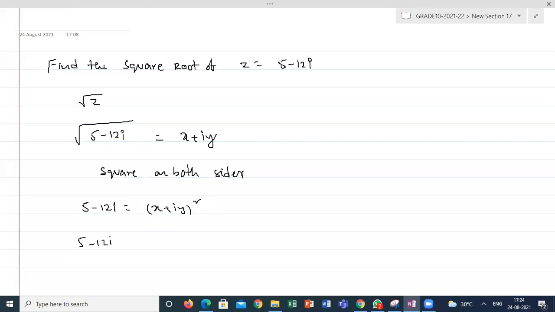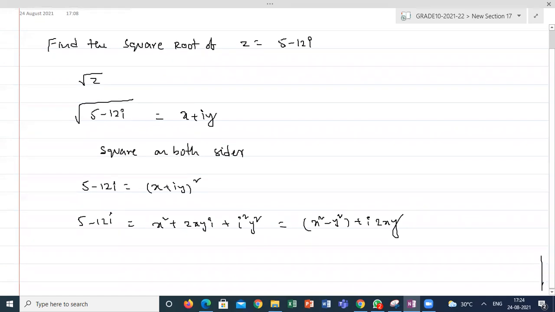5 minus 12i is equal to x plus iy whole square. So 5 minus 12i is equal to what am I getting? x square plus 2xyi plus i square y square. This will be x square minus y square plus i into 2xy. So according to the equality of complex numbers, what can I write here?